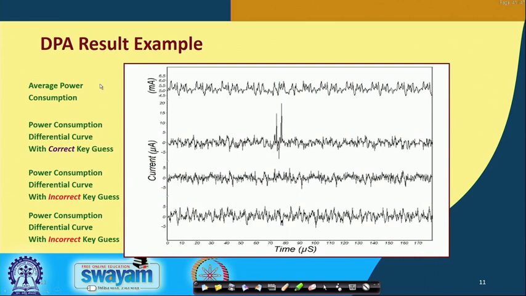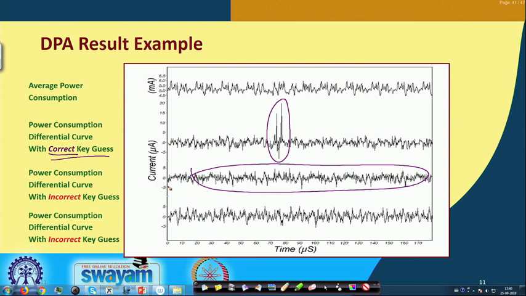And in this DPA curve, as I said, in some of the curves you can distinctly see some peaks like here, which means the correct key guess you have done. So, these waveforms are being shown, this one is for a correct key guess and this for an incorrect key guess. If the key guess is correct, then you will be getting a peak like this. If it is not correct, then you will not be getting any peak, the waveform will be something like this.